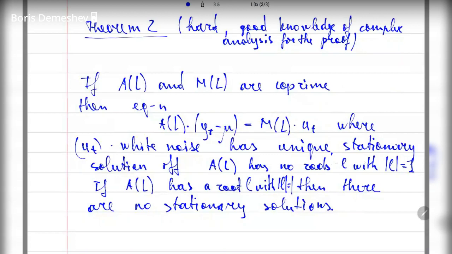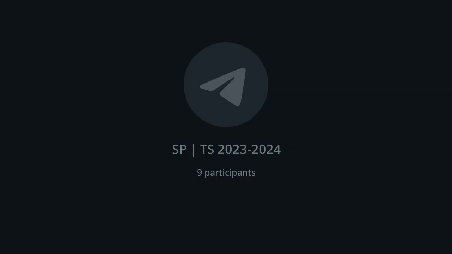Yeah, that's better to say: has no roots L with absolute value equal to 1. Okay, let's provide some examples. Once again, we will not go into the proof of this theorem. It's hard. We will just believe it, consider some examples, and use it.